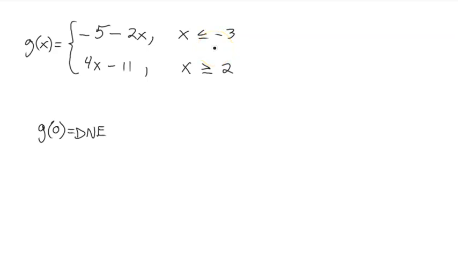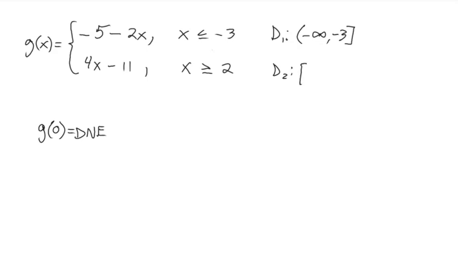Okay, so if we wanted to identify the domain and range, we want to identify the domain of the first piece, which is all x values less than or equal to negative 3. So that would be negative infinity up to negative 3, including negative 3, so we're going to put a bracket. The domain of the second piece is all x values greater than or equal to 2.